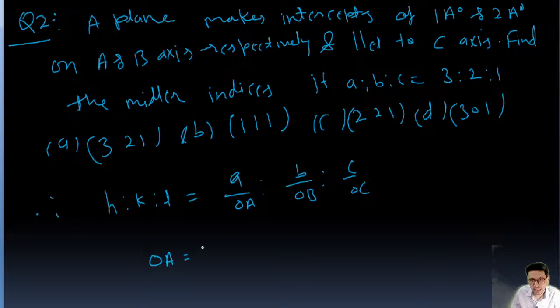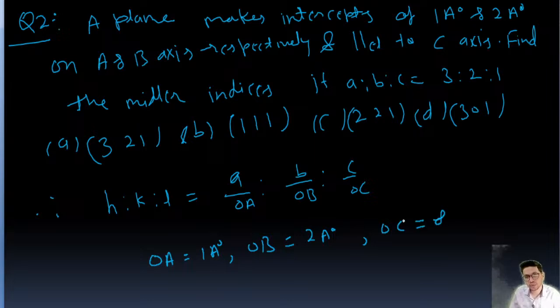OA is given, that is 1 angstrom, OB is given, that is 2 angstrom, and third, the plane is parallel to the C axis, which means OC is infinite, because they will intercept at infinity, right? And also we have been given ABC, it is, my apology, 3 2 1.